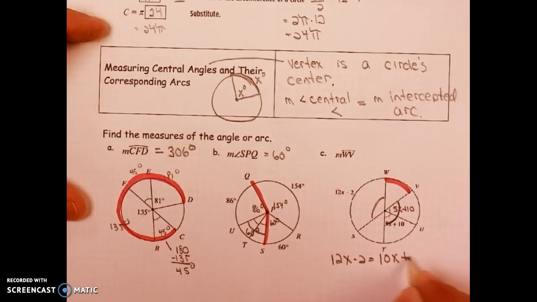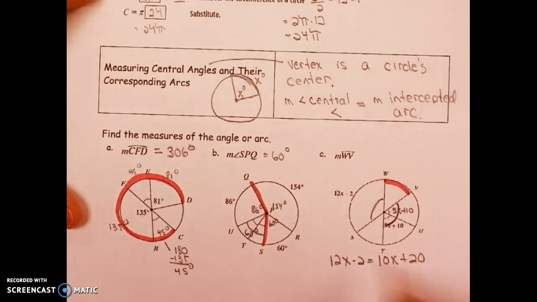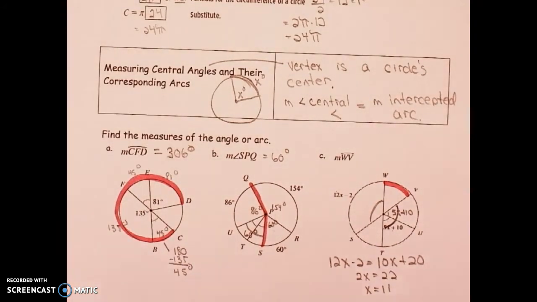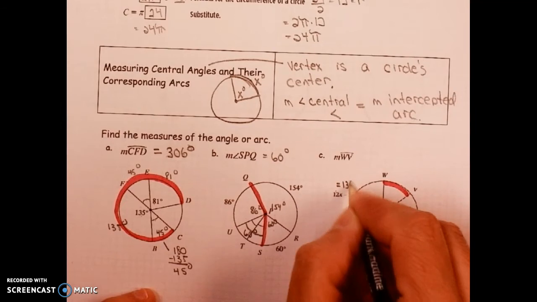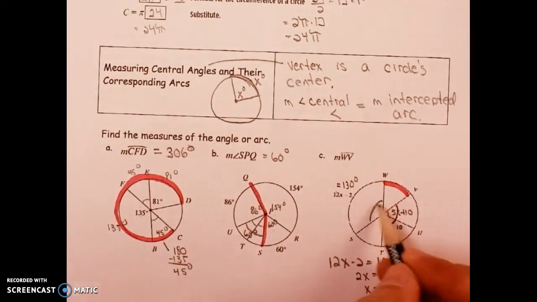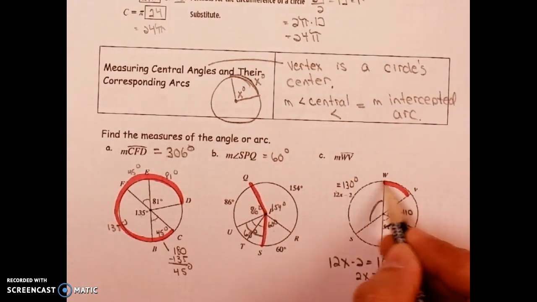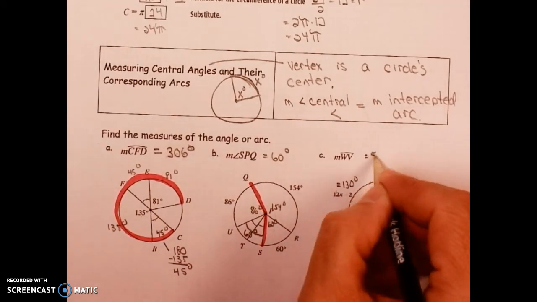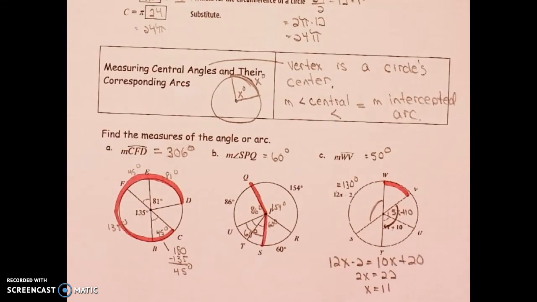I'm going to go ahead and add those together. I get 10x plus 20. So subtracting the 10 and adding the 2, and eventually end up with x is equal to 11. So I'm going to plug that in here. 12 times 11 minus 2 ends up giving me 130 degrees for this arc or this angle, and notice together those are supplementary. So that ends up meaning that measure is equal to 50 degrees.